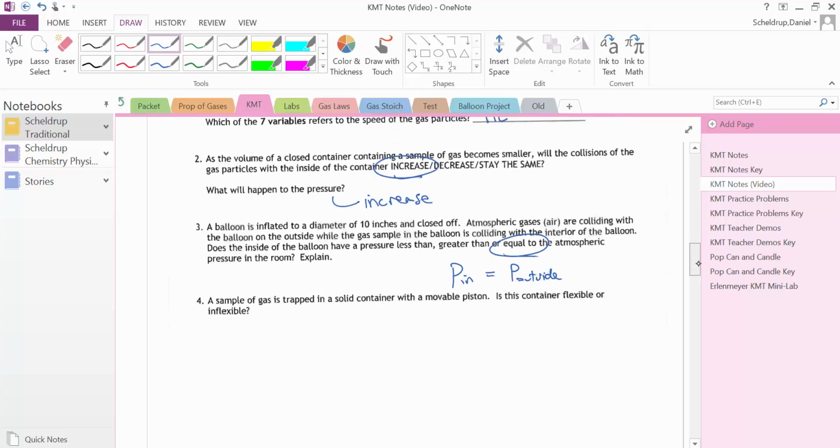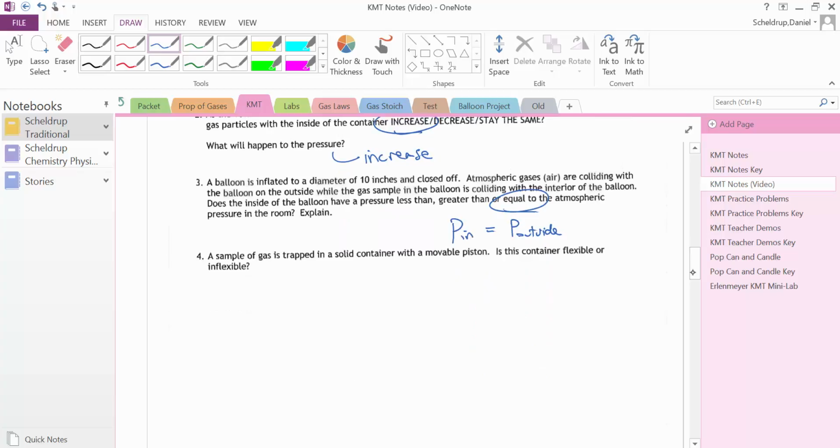All right. Number 4 says a sample of gas is trapped in a solid container with a movable piston. Is the container flexible or inflexible? This becomes a little bit more challenging. It's movable, but a piston is a metal device, so it's very difficult to move. Imagine you've got a cylinder, and then a metal cylinder slotted inside of it. This is how your car engine works.